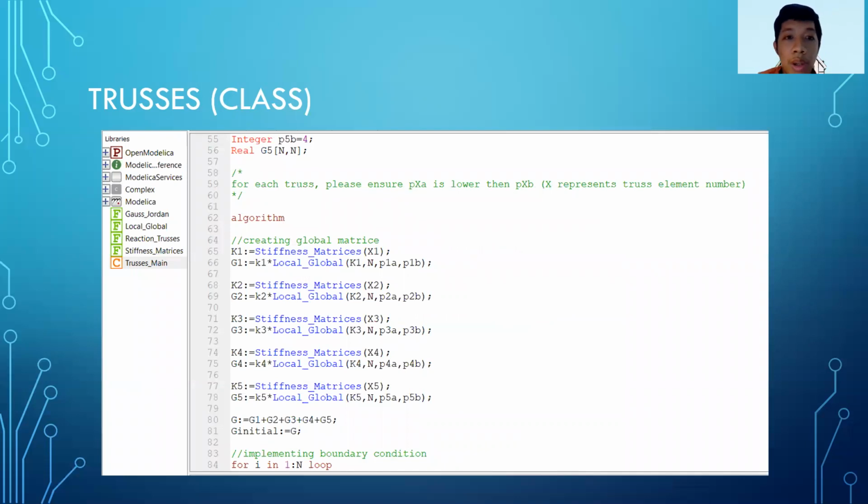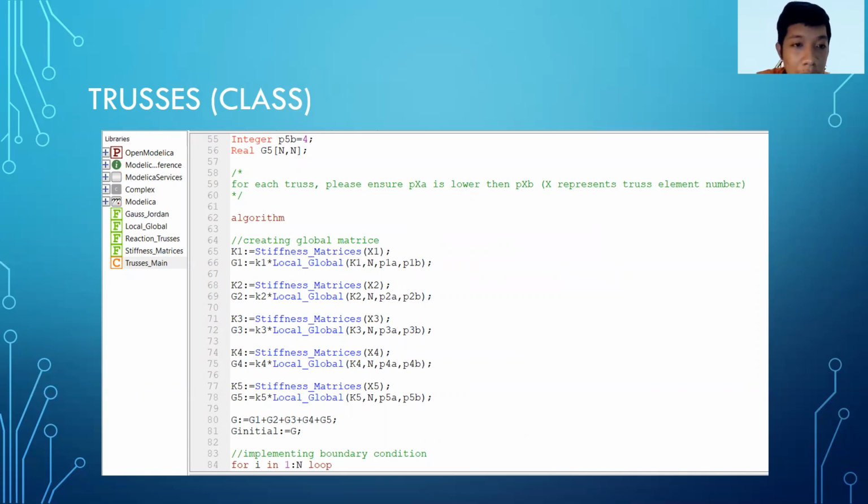Now we can move to the algorithm. The first step is creating the global matrix. We can call the stiffness matrix file that we made before, and call again the local-global function that we made before, and don't forget to input the Q1 and P1A and P1B, or PA and PB.